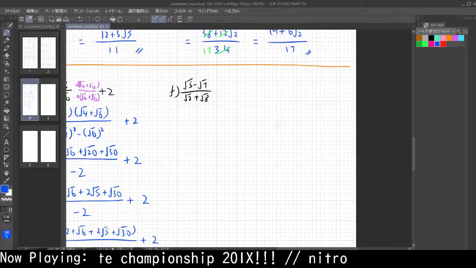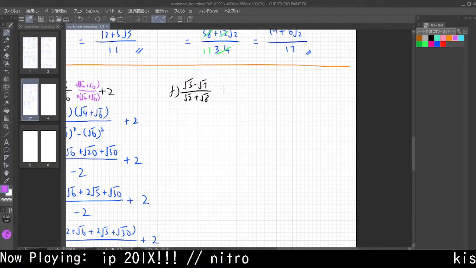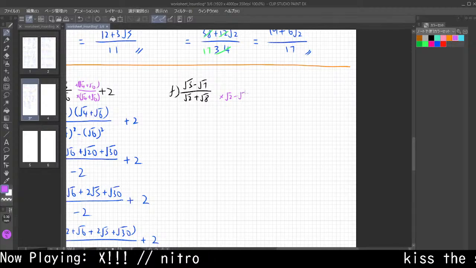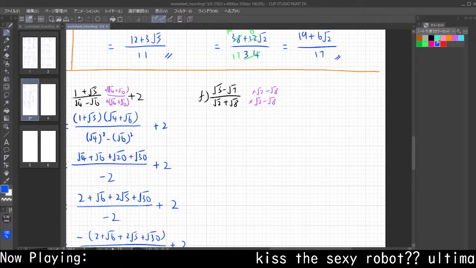For square roots, quite convoluted, but still the same way. Again, first with minus 2. This first multiplied by minus.